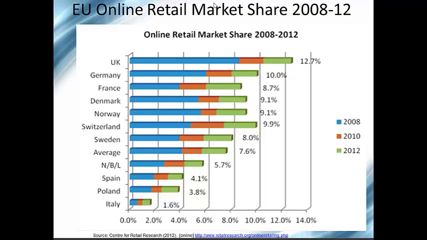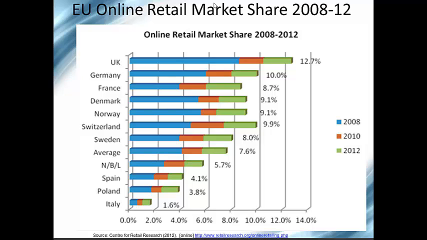The EU online retail market share between 2008 and 2012. This is a slide showing the information. And as you can see on this slide, the UK accounts for the majority of the EU online retail market share, about 12%. Right behind that is Germany, France, Denmark, Norway, and Switzerland, all relatively the same, between 9 and 12%.